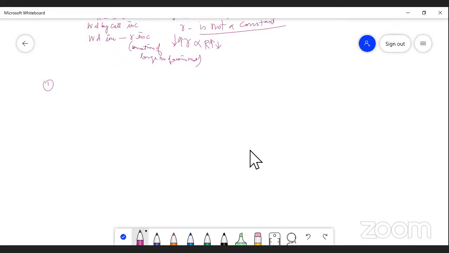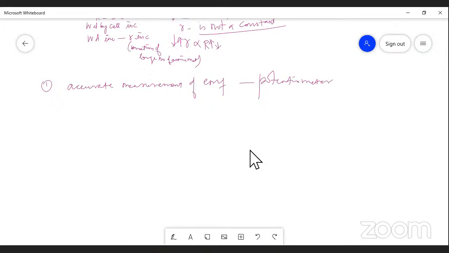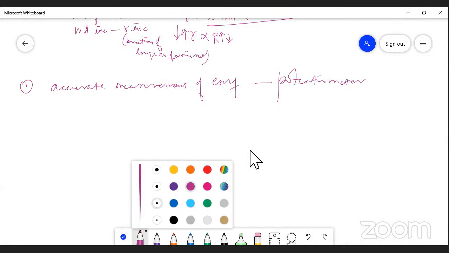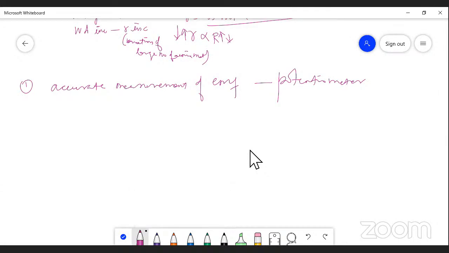So I'll write like this: accurate measurement of EMF is done using a potentiometer.